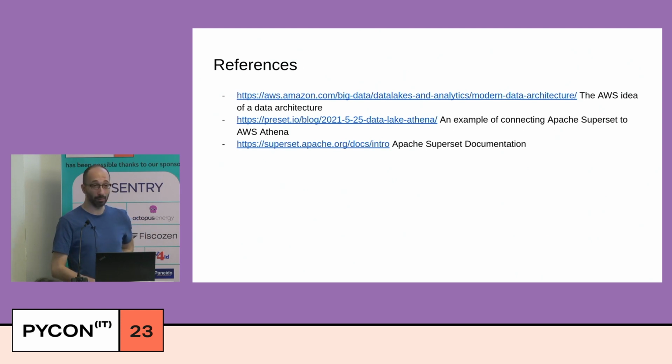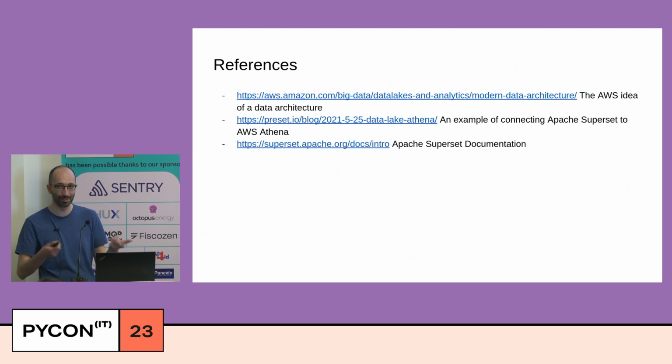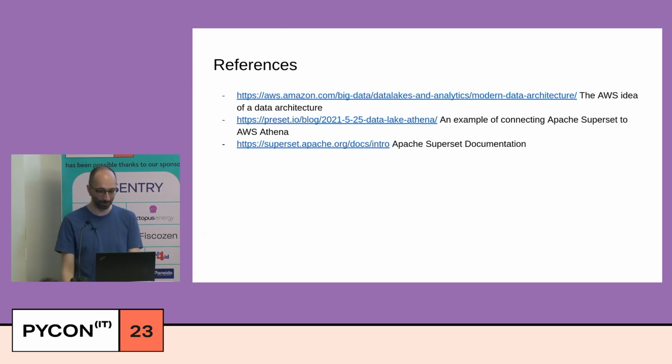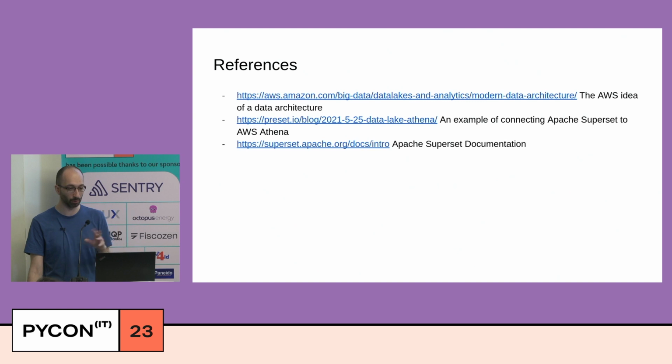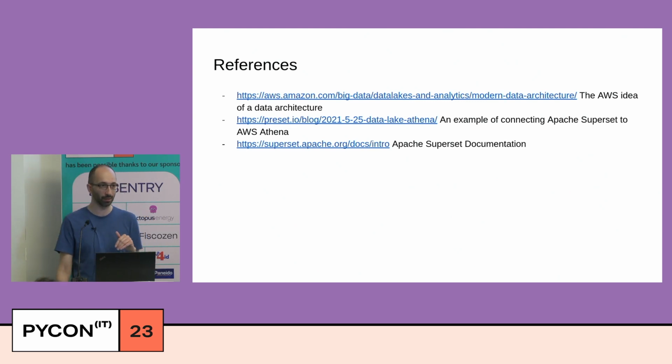I'll leave you a couple of references. The first link is the AWS idea of data architecture. As you can see, the idea consists of a ton of services, but you can choose only what you need. Then I'll leave you a blog post from Preset on how to set up Apache Superset connecting to AWS Athena.